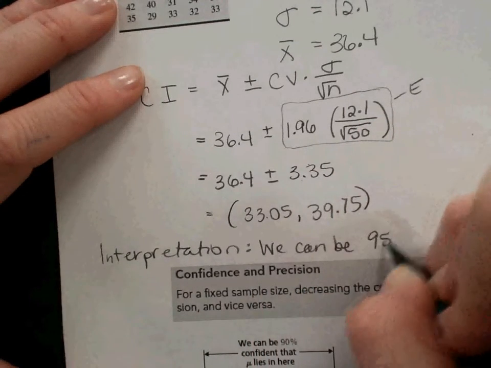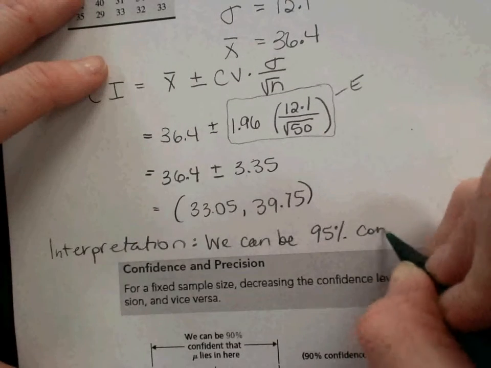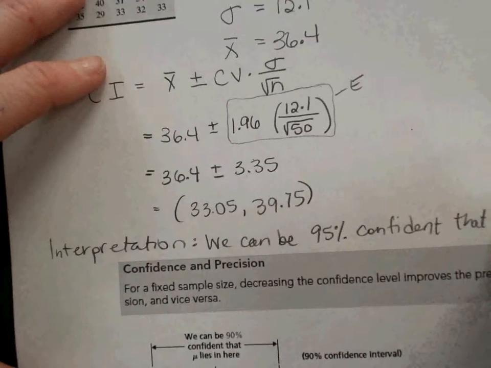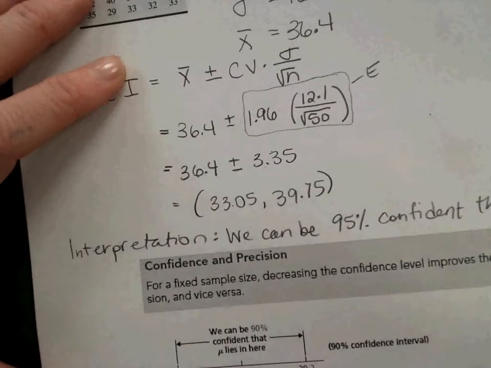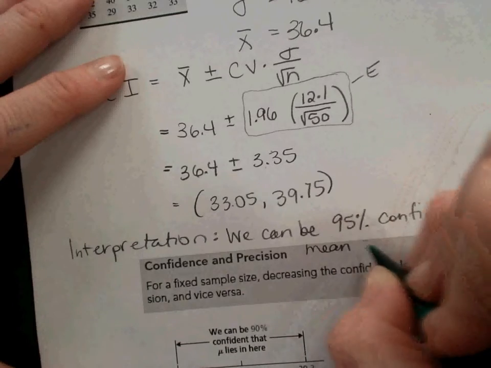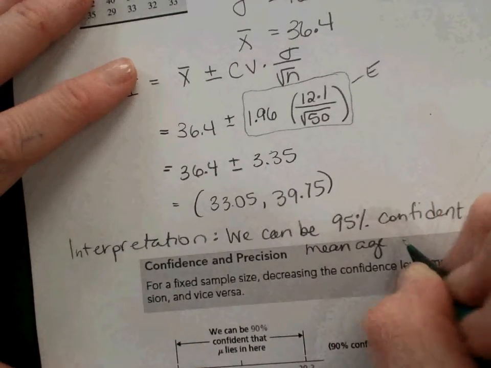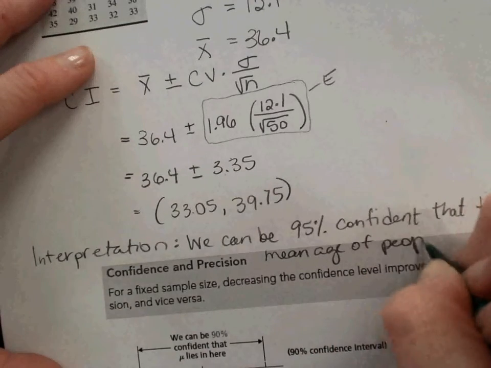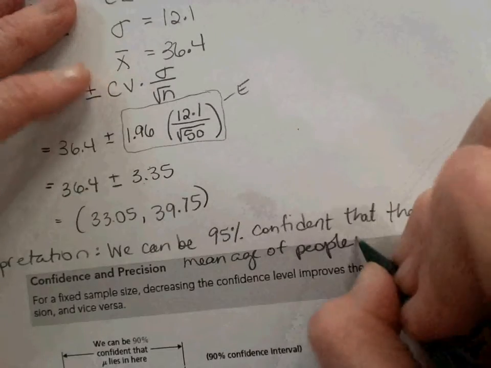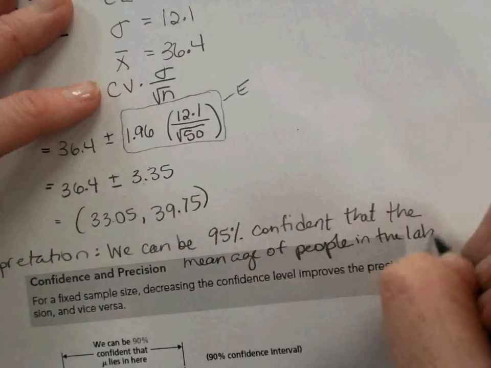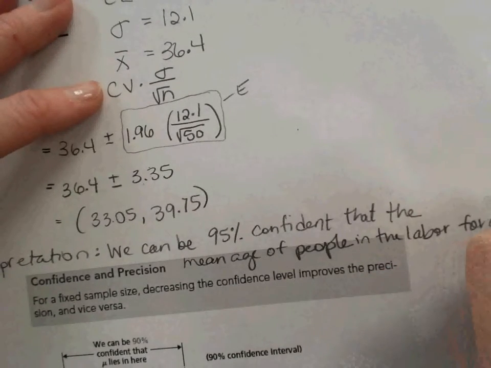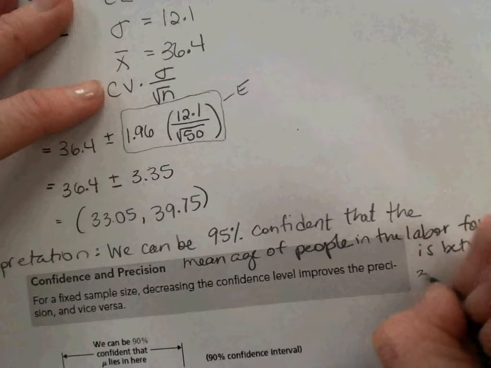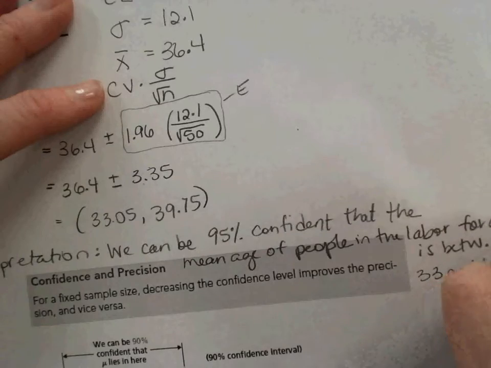We can be 95% confident that the mean age of people in the labor force, I got a little more specific, it's okay if you're not, is between 33 and 40.